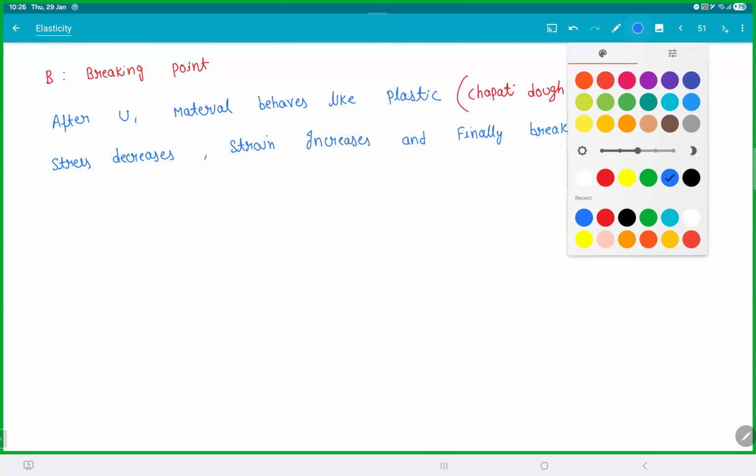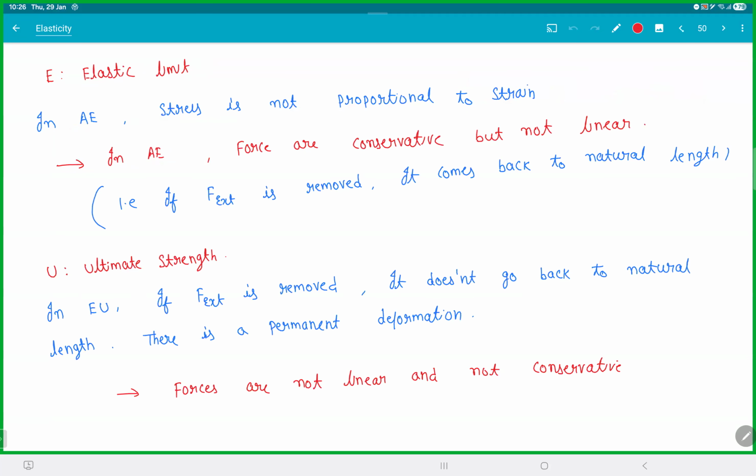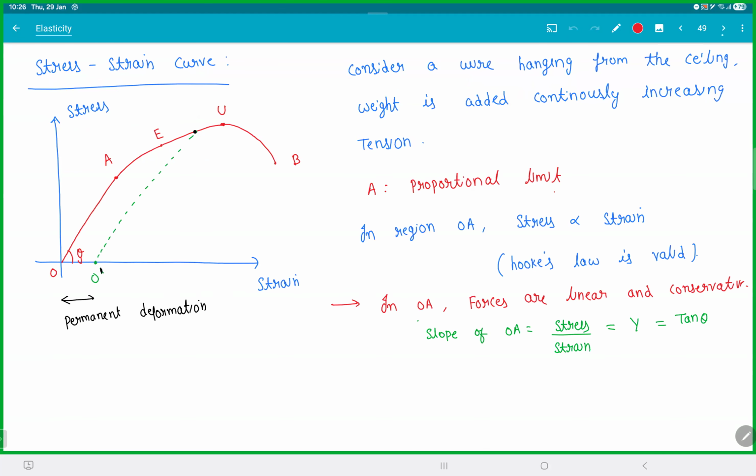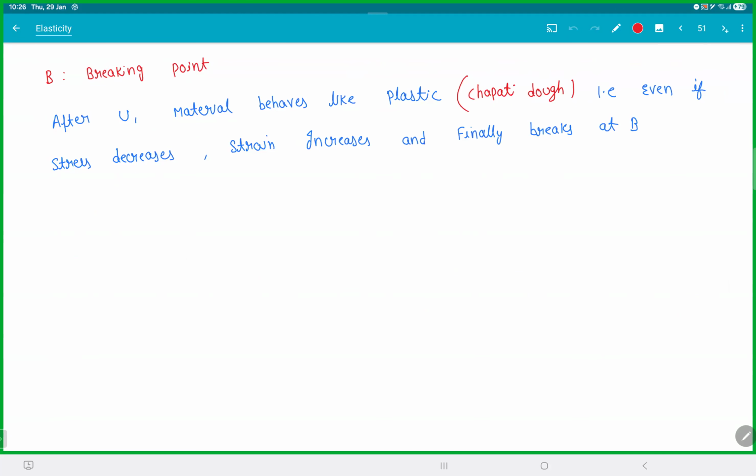But this thing gives you an important thing. That means if you cross U and can reach till B, the material can be made into thin wires. So this length U to B is proportional to ductility.